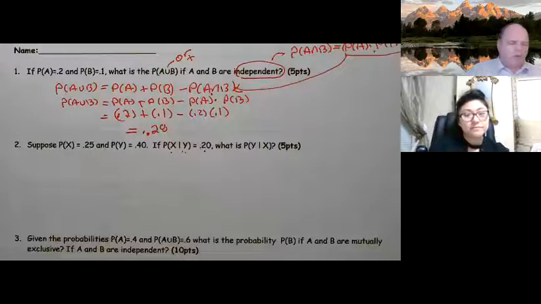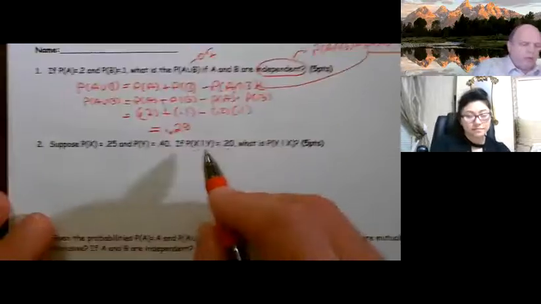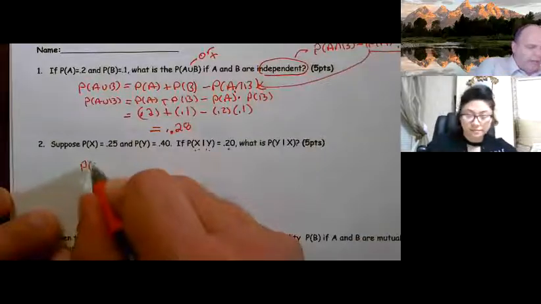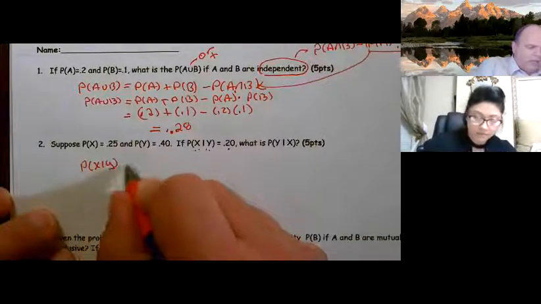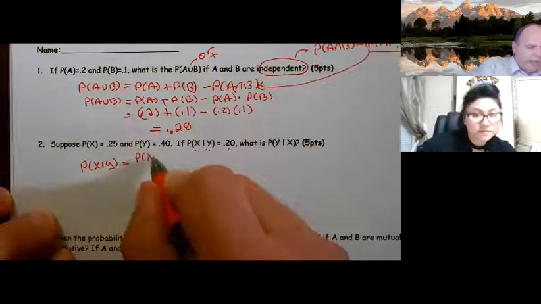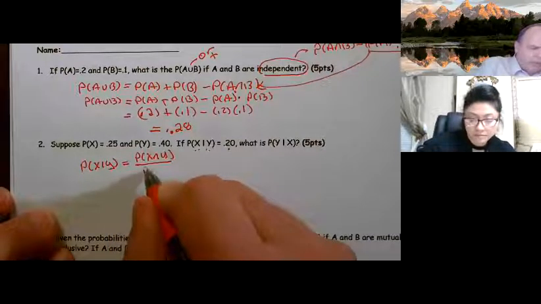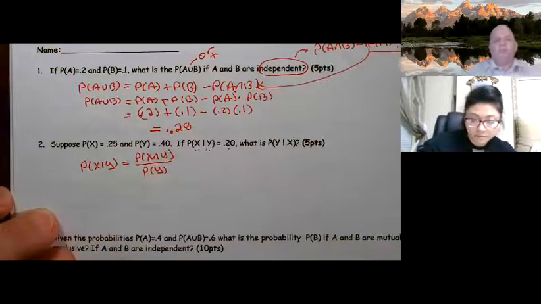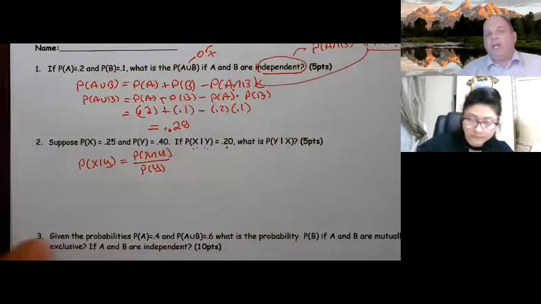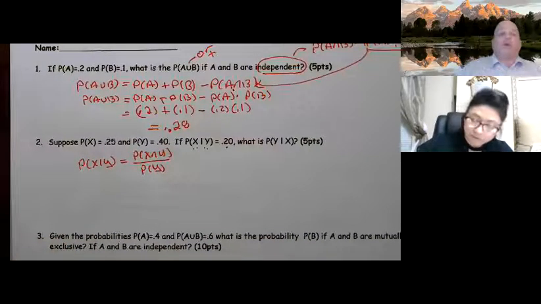I go, what do I know? Well, what I know is the probability of X given Y equals the probability of X and Y over the probability of Y. That I know. Don't know much, but I know that. So let's start plugging in what I know.